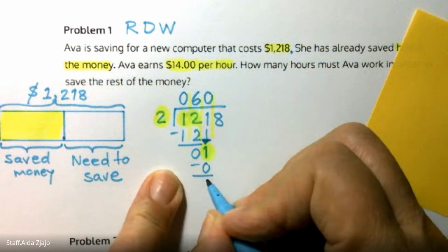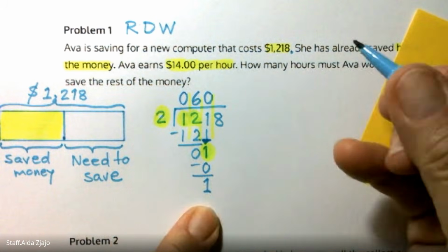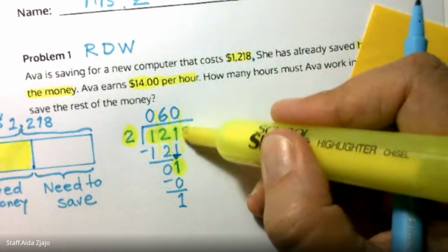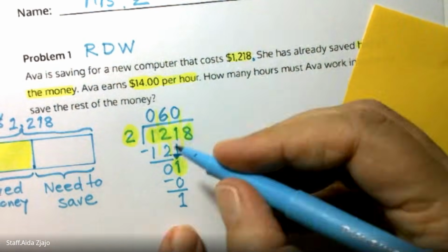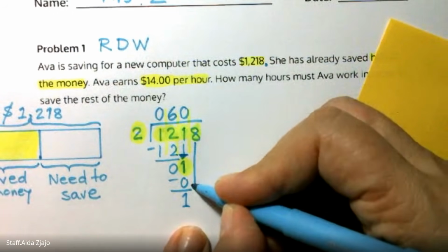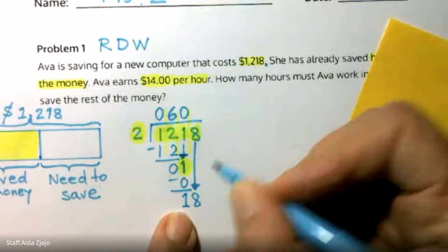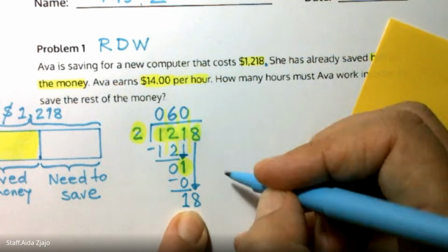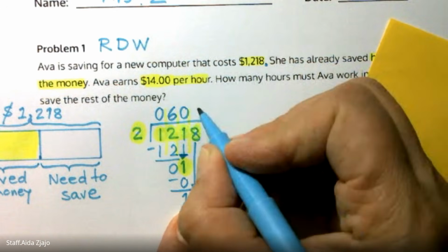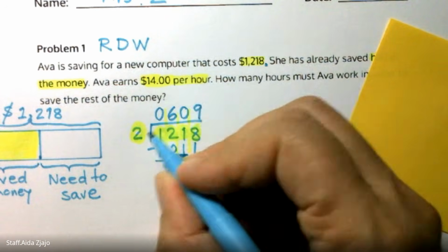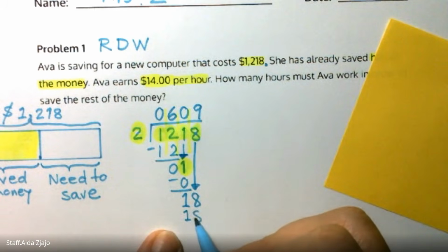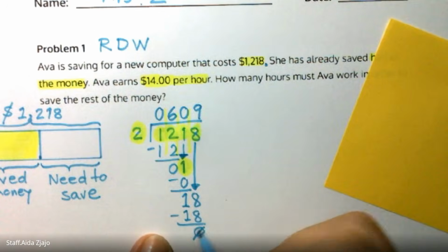When you subtract, you get remainder 1. Now 8 is the last digit, so we bring it down. That means you have 110 and 8 ones together is 18 ones. When you share, you can make 9. 2 times 9 is 18, and you don't have anything left.